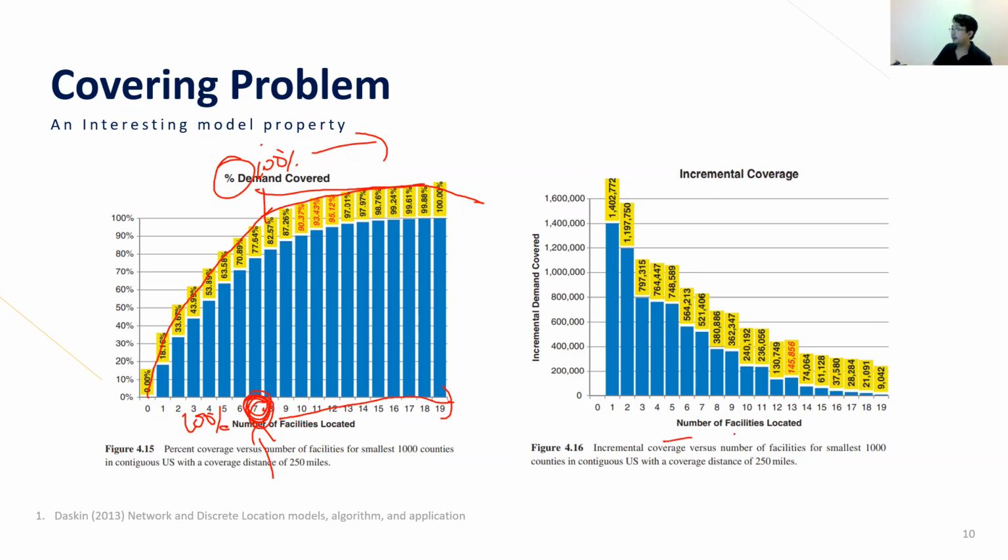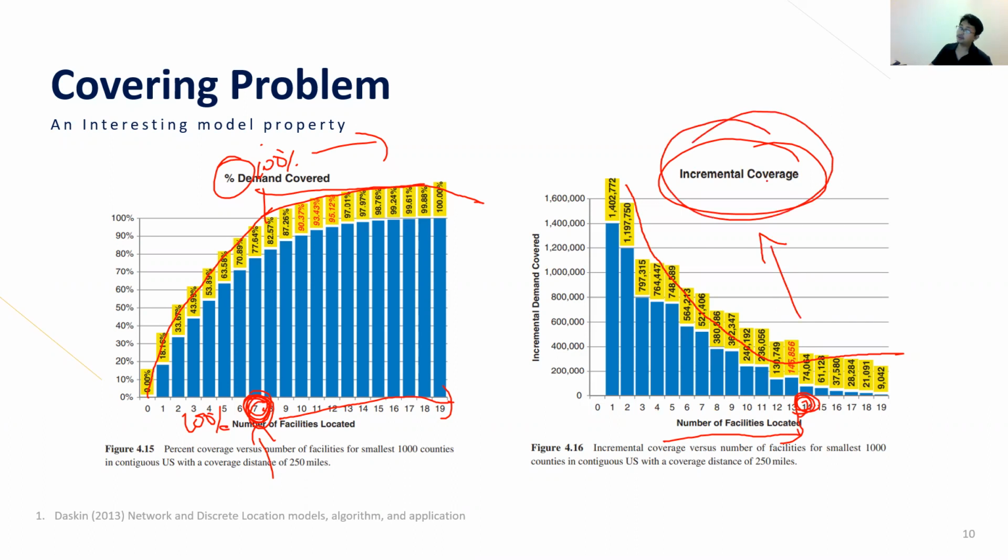And in the same way, whenever you increase the number of facilities being allocated, the incremental demand coverage will be less and less until the increment is not significant, so that you may want to stop increasing the number of facilities, because the benefit that you get by adding more facilities, in this case the incremental demand coverage, is not significant.